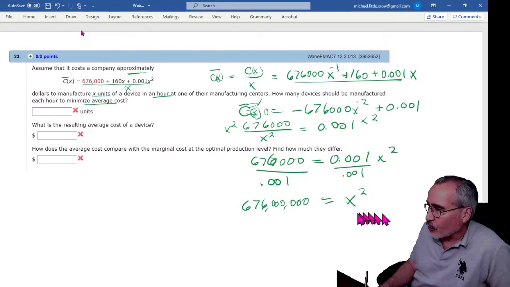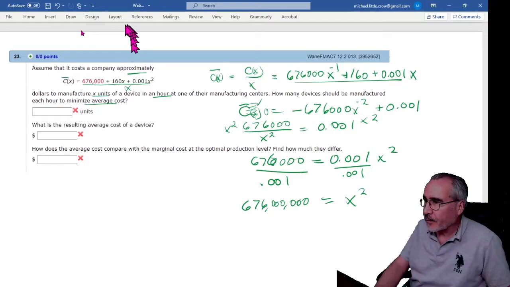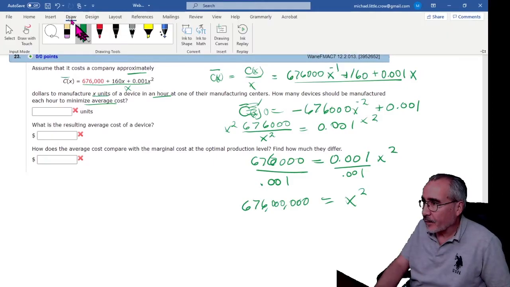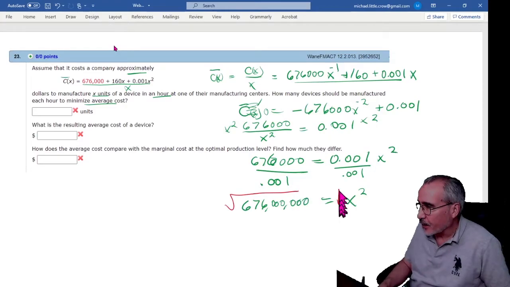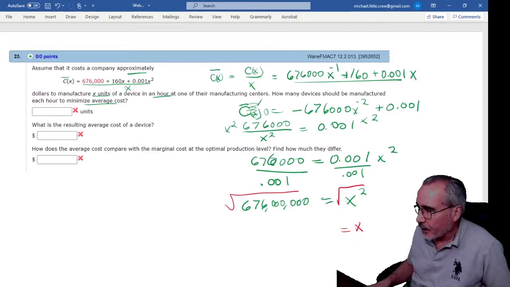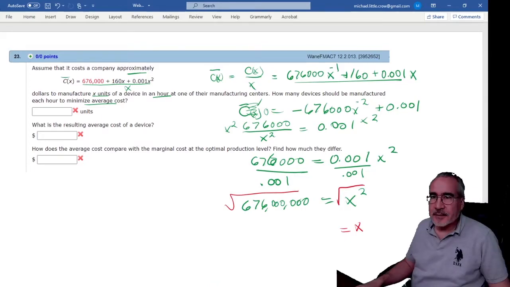And then we can take the square root of both sides. The negative would not make sense because I would be producing negative of these. But let's go ahead and go here. Square root of both sides is going to give us x equals, actually I did it a little earlier. Where's my calculator?